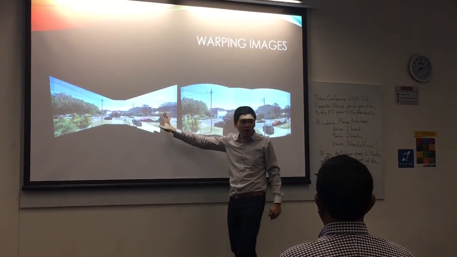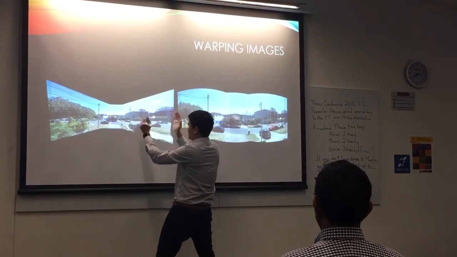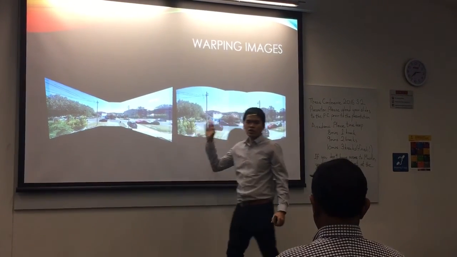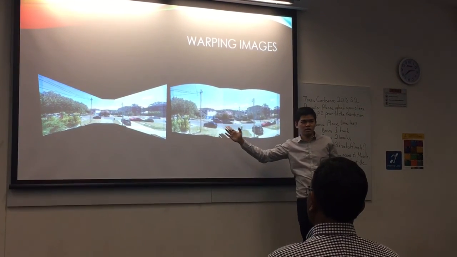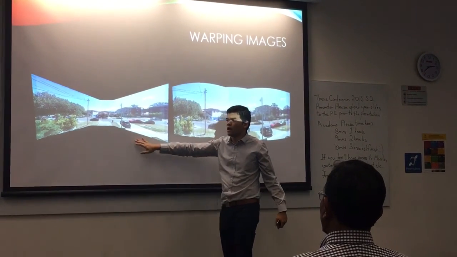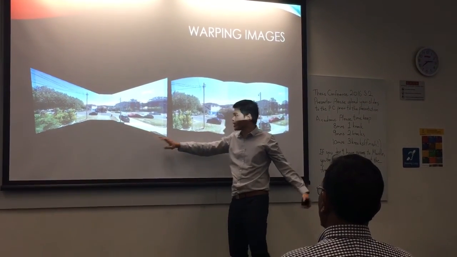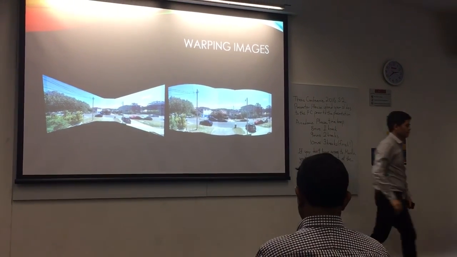You have to deform the video stream. Instead of straight, you have to bend it, and then it looks like 3D. So it's a 3D display on 2D. This one is what we call planar warping, and this one is cylindrical or spherical warping.